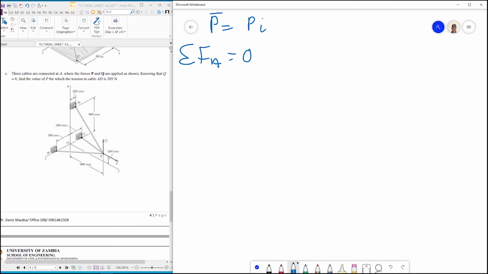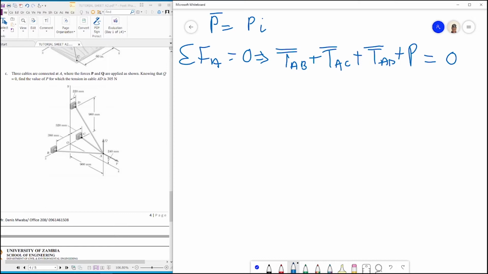Meaning that when you sum your vector TAB plus the vector TAC plus the vector TAD plus P itself, you need to get 0.